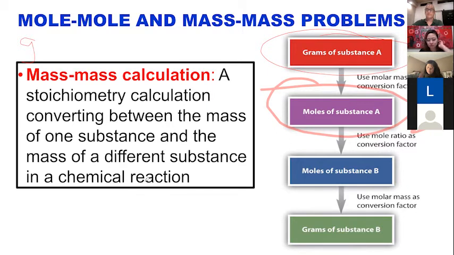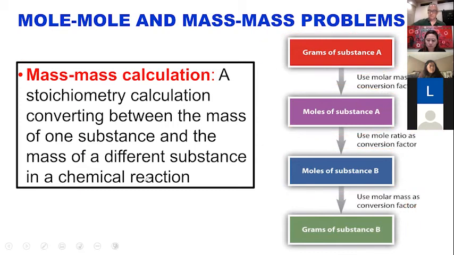Without it, you're lost. That gives you the moles of the target substance, because the mole ratio means ratio of moles to moles, not grams to grams. Finally, once you've got moles of your target, you convert that back to grams. So you need to do 3 conversions: grams to moles, moles to moles, and then moles back to grams. That's a lot of work.